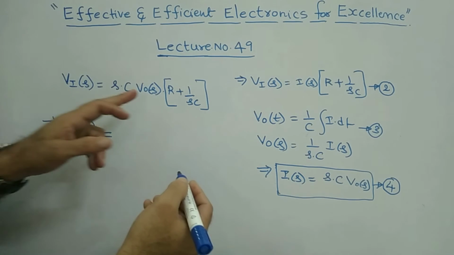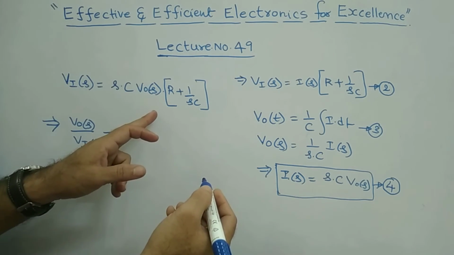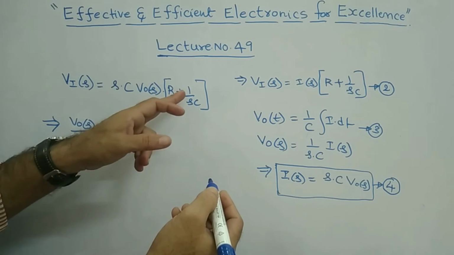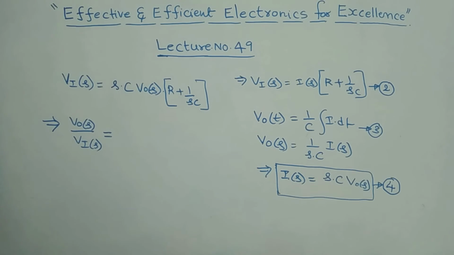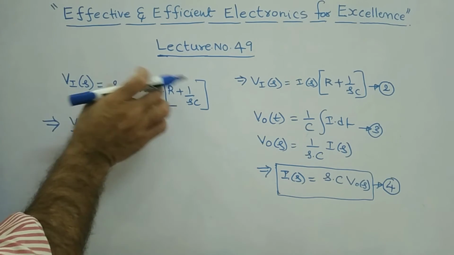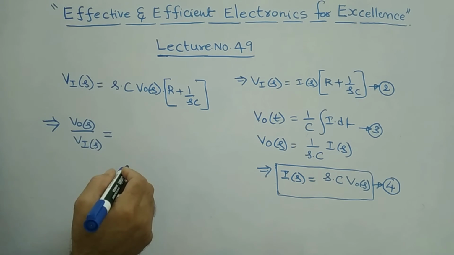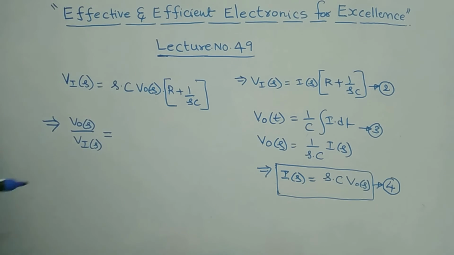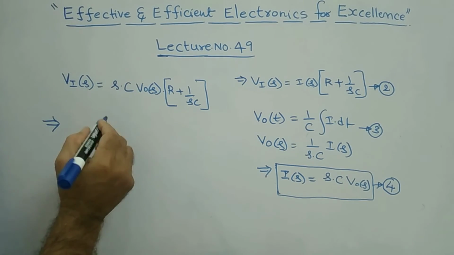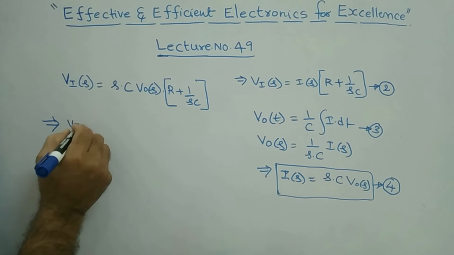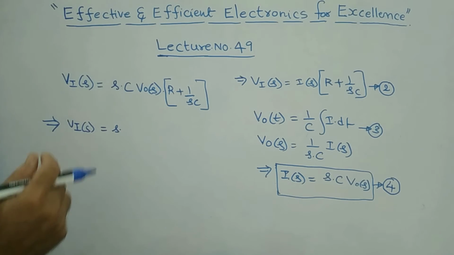Okay, you bring Vi of S to this side, then obviously the entire expression goes to the right side. You can simplify here, Vi of S let it be, next we will write in the second step.